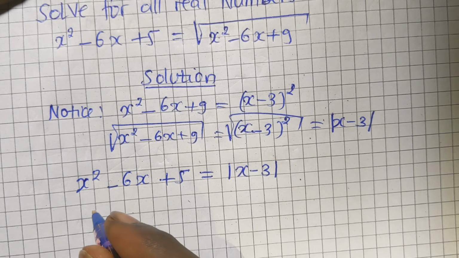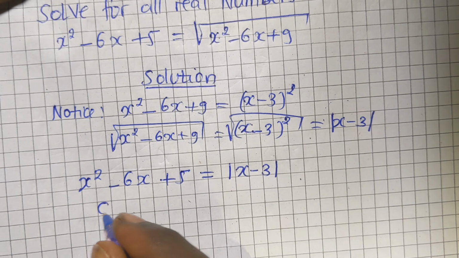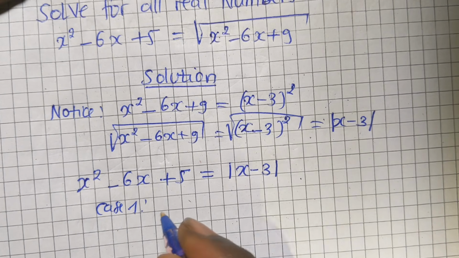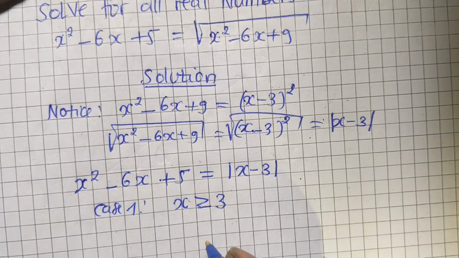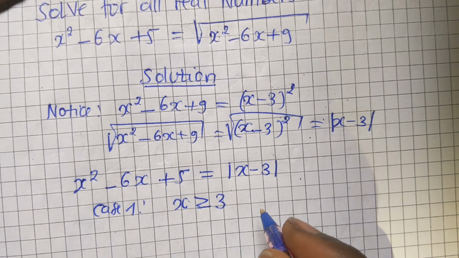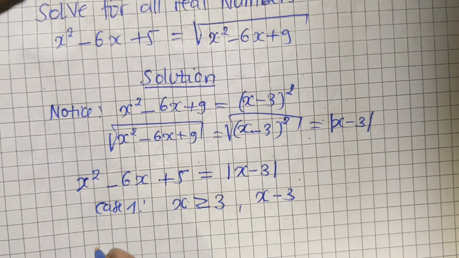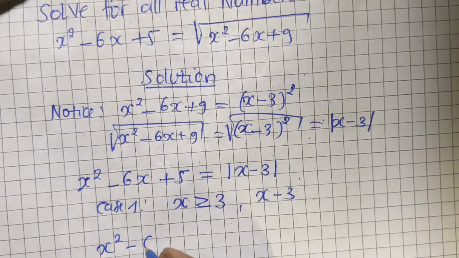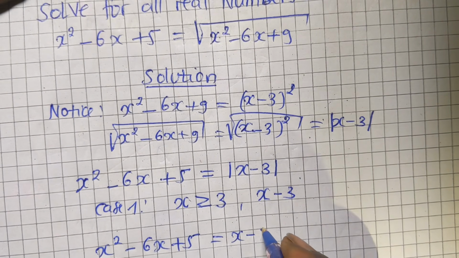Let's divide this into cases. Case 1, where x is greater than or equal to 3. For this value, we'll be having x negative 3. So x squared negative 6x plus 5 equals x negative 3.